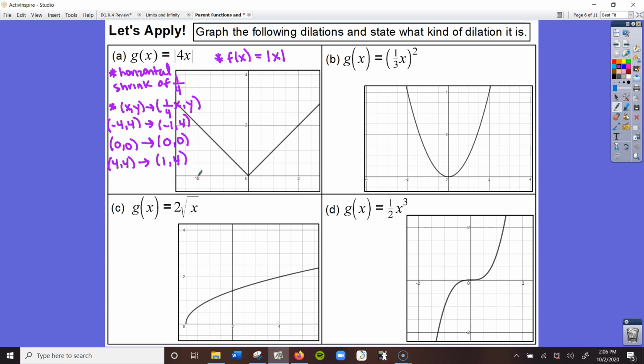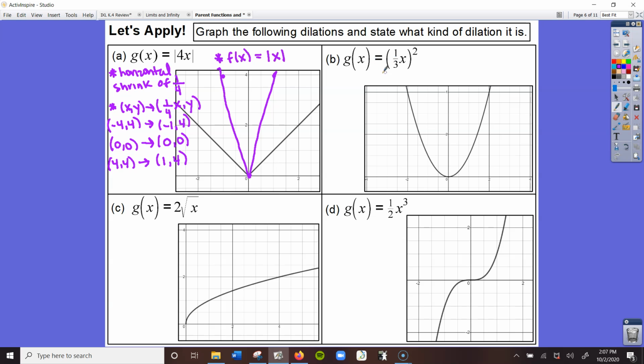So now I can plot these points. So I go to negative 1, 4, 0, 0, and 1, 4. And this would be my graph. And you can see that this is in fact a vertical stretch. It's as if I took the ends of my absolute value and I pulled at it vertically, making it skinnier.